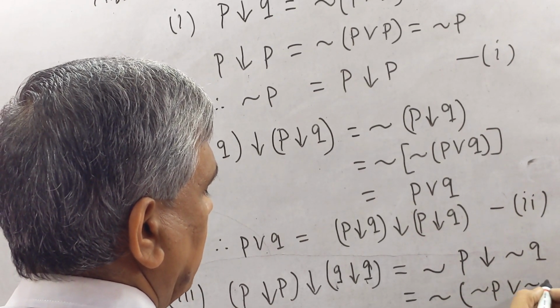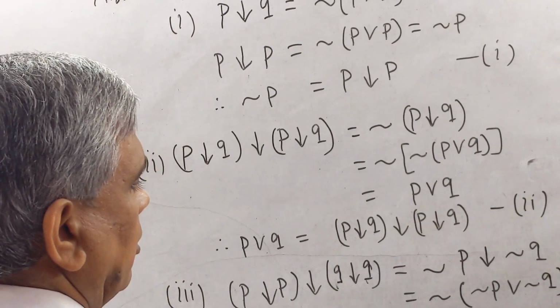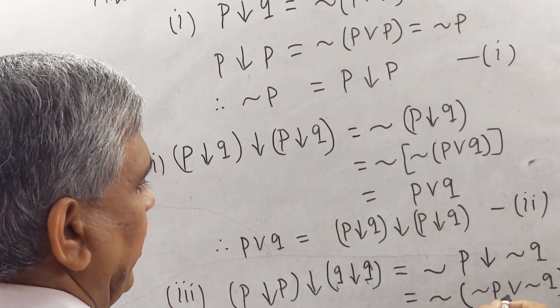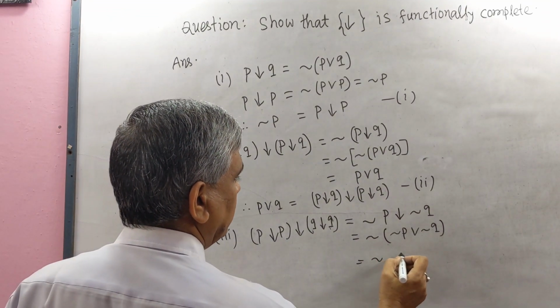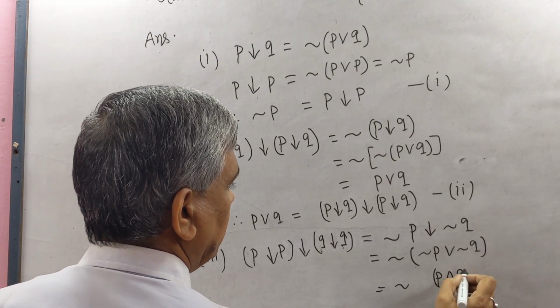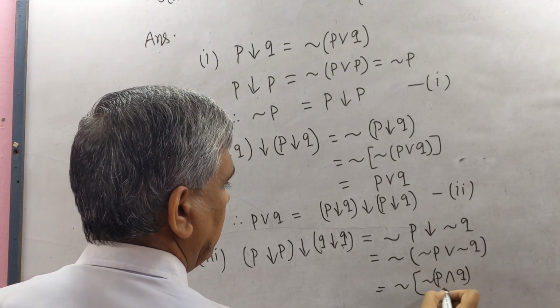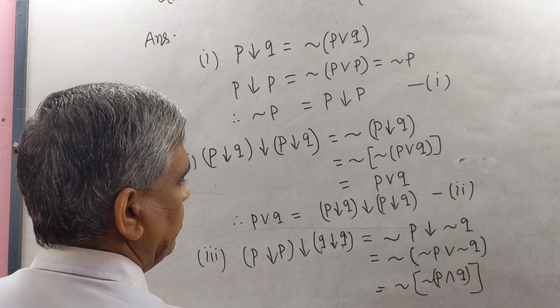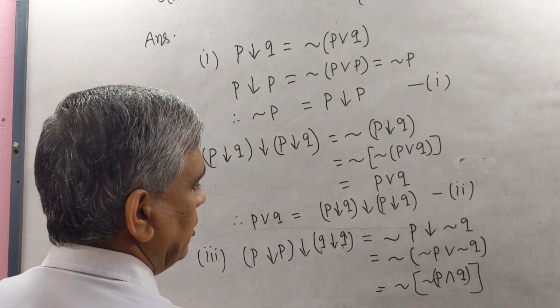By De Morgan's law, this will be negation of P conjunction Q. Therefore negation cancels out.